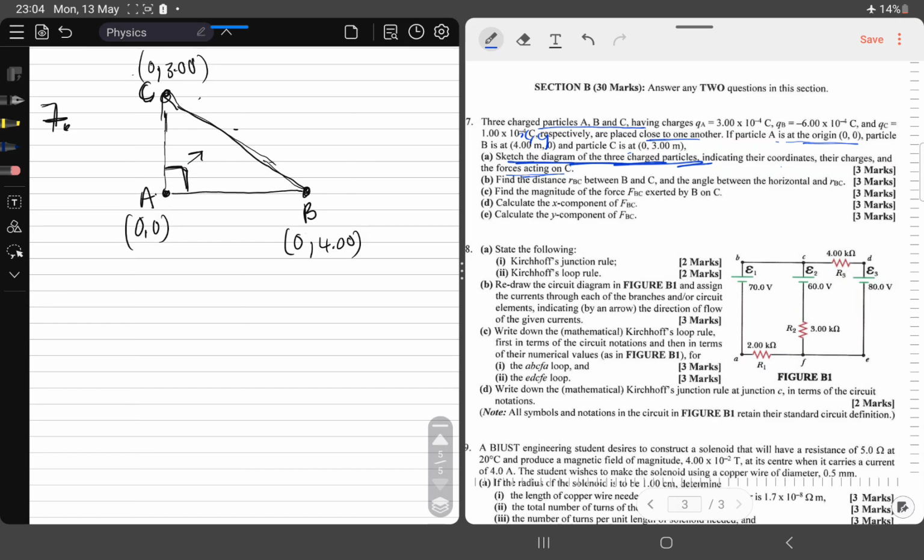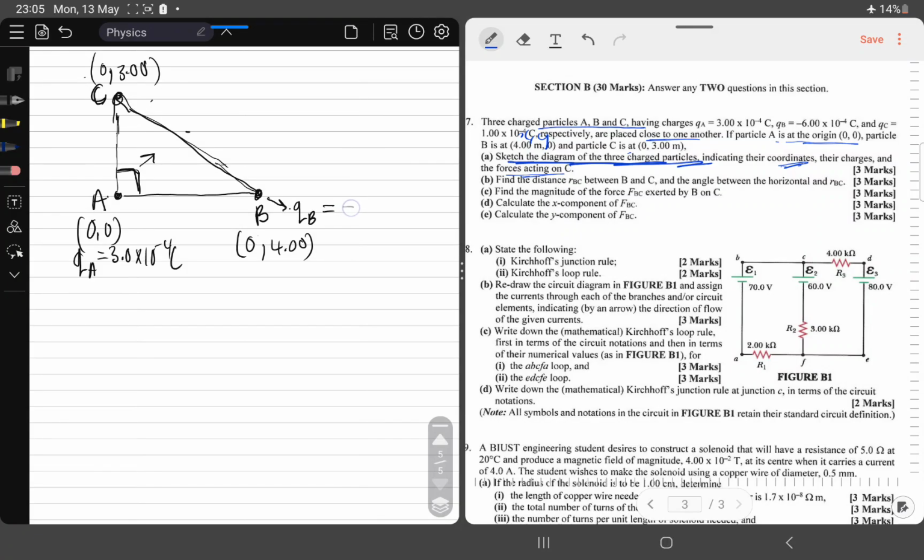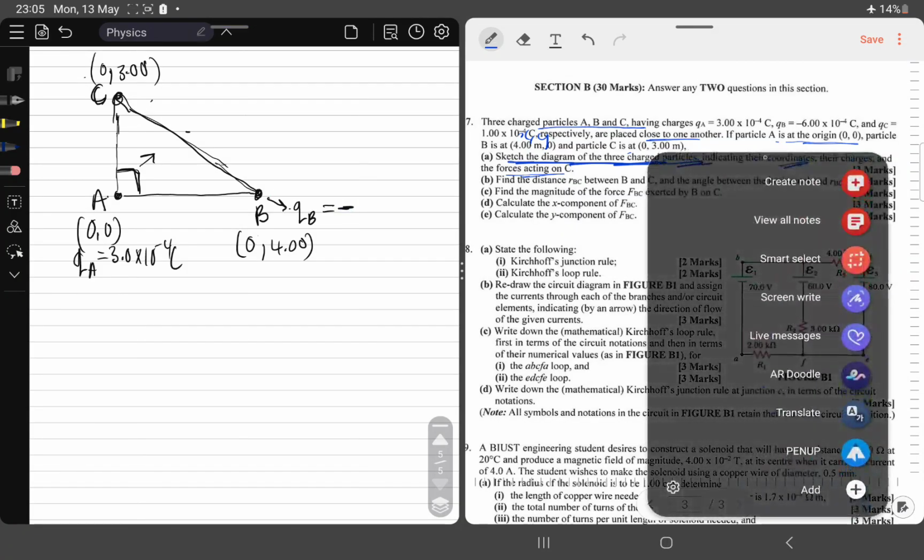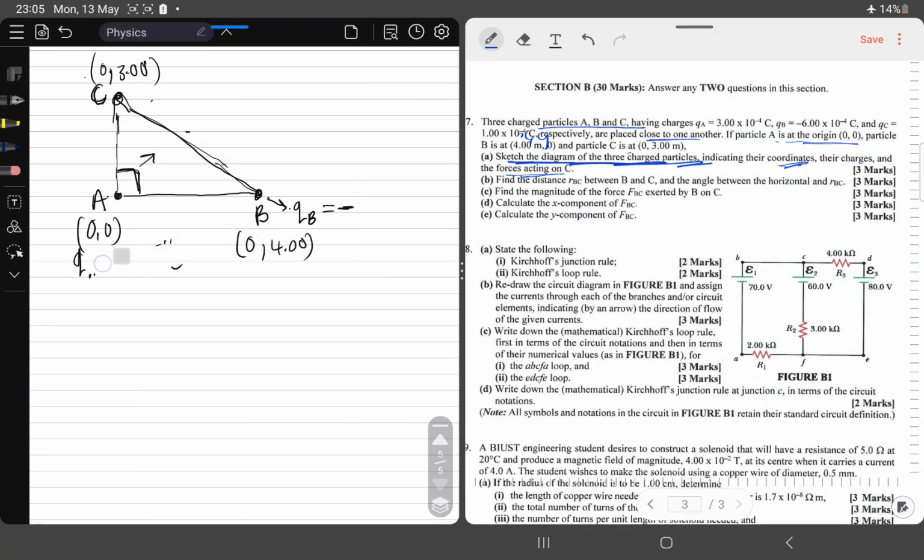Now, they want the coordinates, and they want their charges. So what is the charge on A? QA is equal to 3.0 times 10 to the negative 4 coulombs. Then here I can say QB. Okay, they want me to put their charges, so I don't have to put the value.